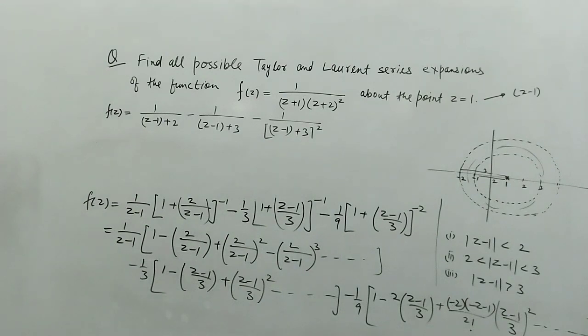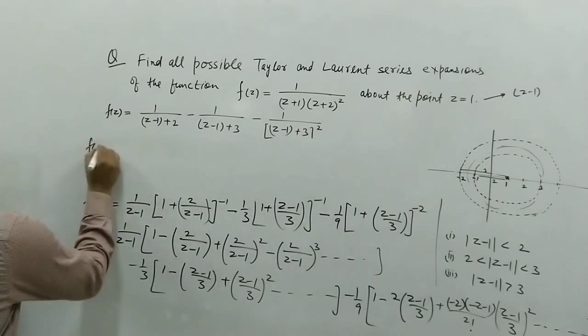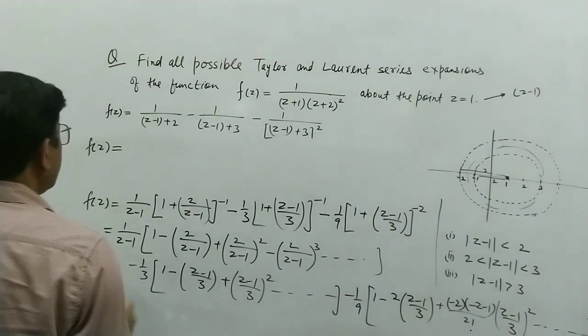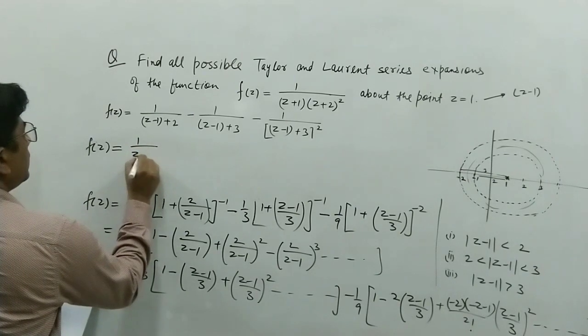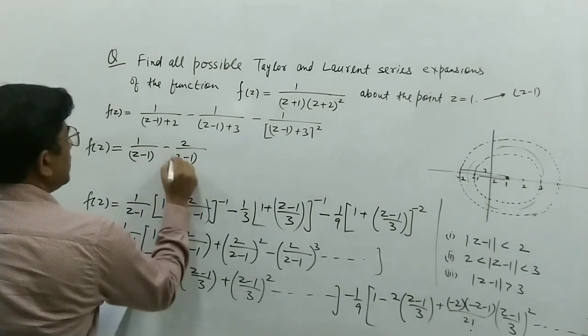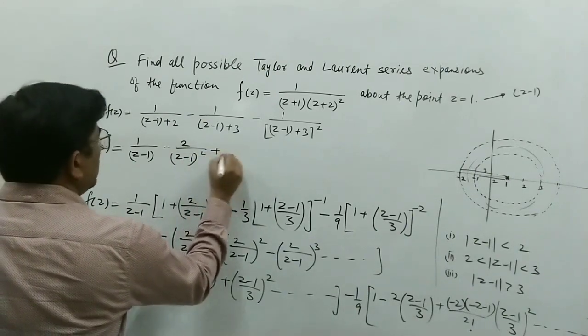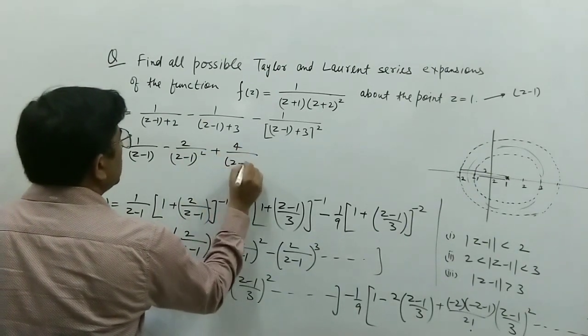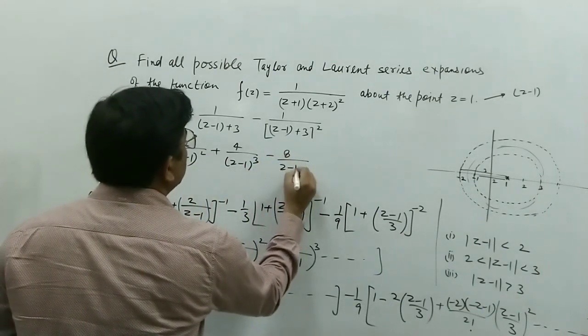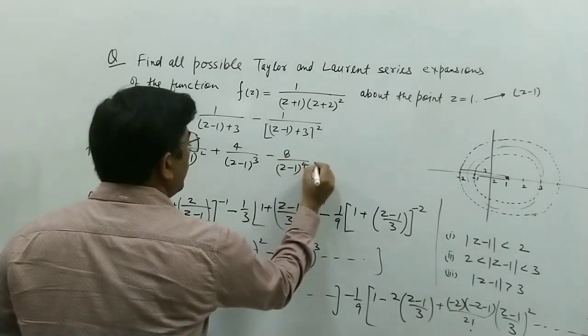so this will be f(z) is equal to, so the series we will get this as 1 upon z minus 1 minus 2 upon z minus 1 square plus 4 upon z minus 1 cube and minus 8 upon z minus 1 to the power 4.